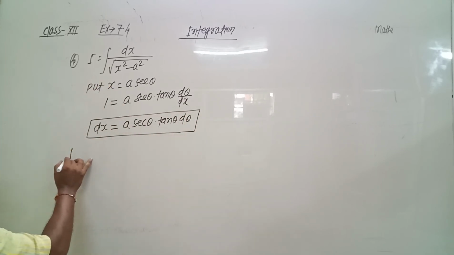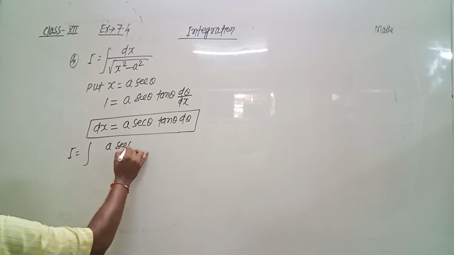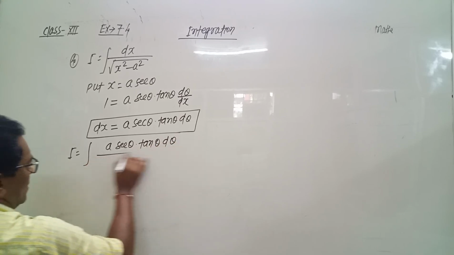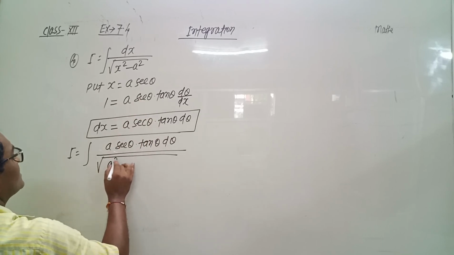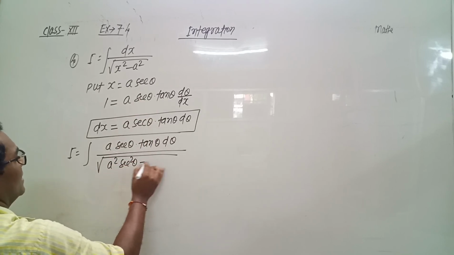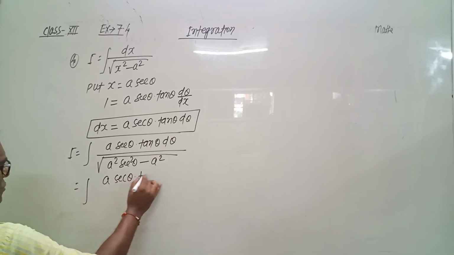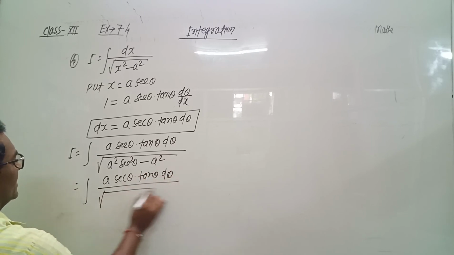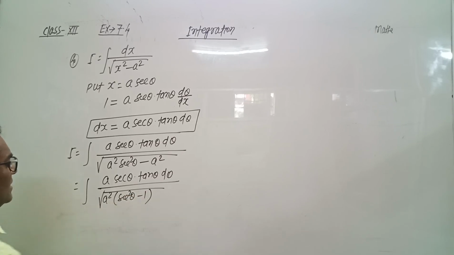Then I equals integration, dx can be written as a sec theta into tan theta d theta upon under root of x square, meaning a square sec square theta, minus a square. By taking common a square, we get sec square theta minus 1.